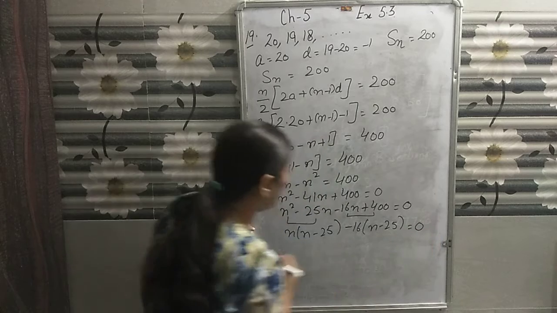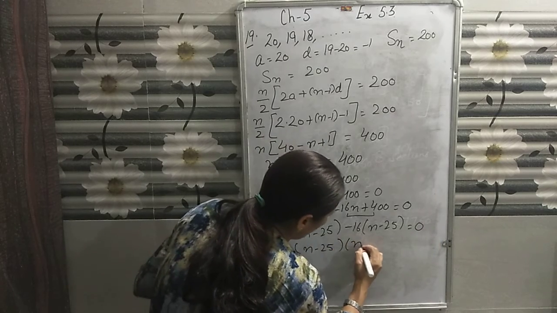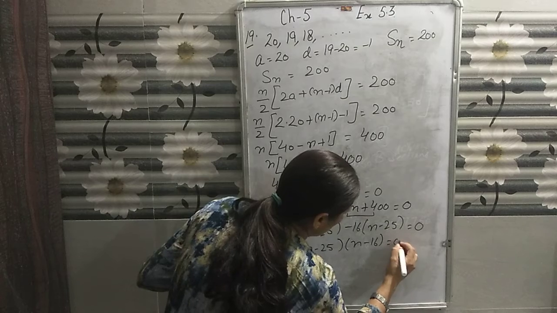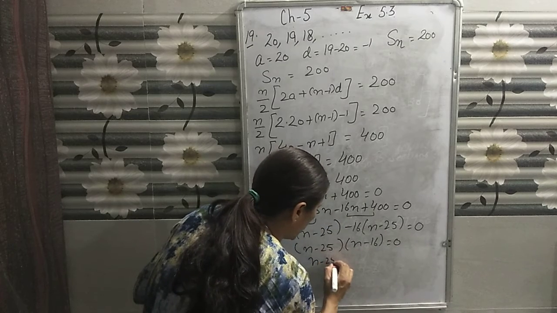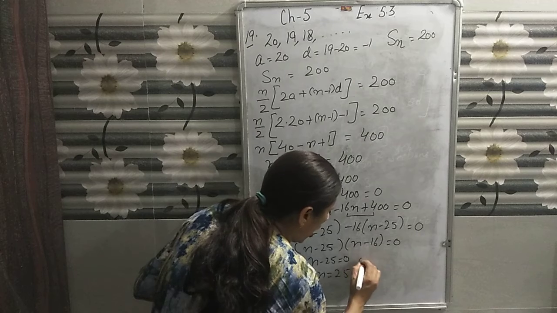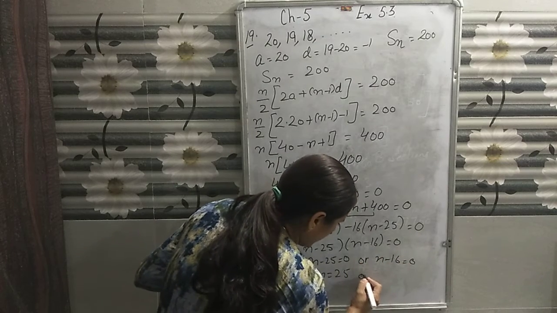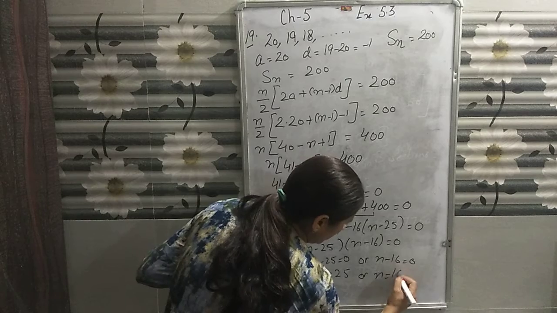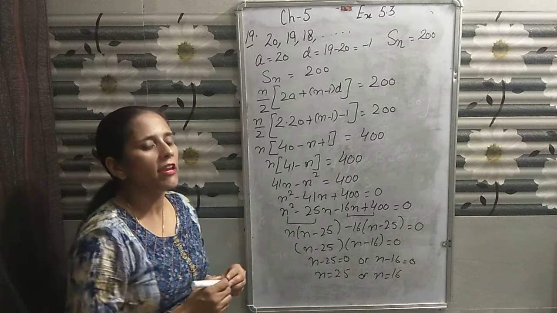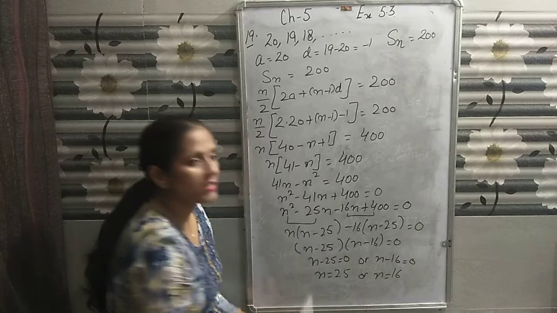So (n minus 25)(n minus 16) is equal to 0. So either n minus 25 is 0, that is n is 25, or n minus 16 is 0, that is n is 16. Now you are having two values of n, one is 25 and one is 16.